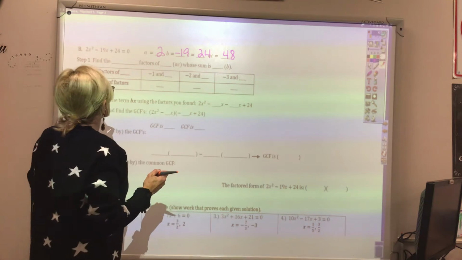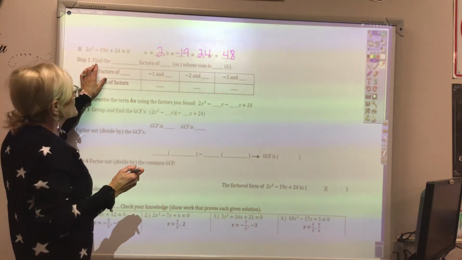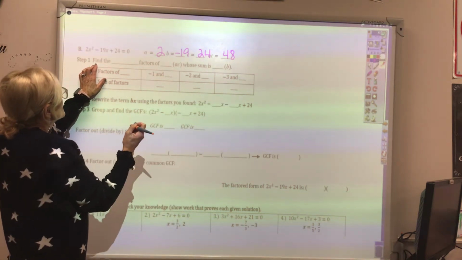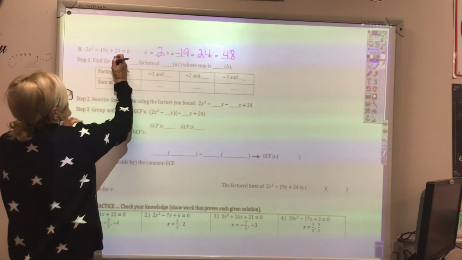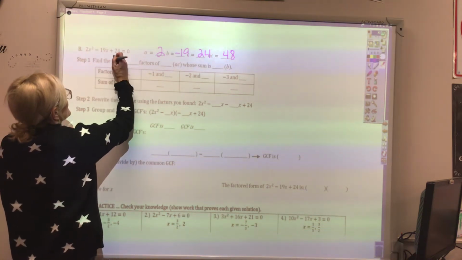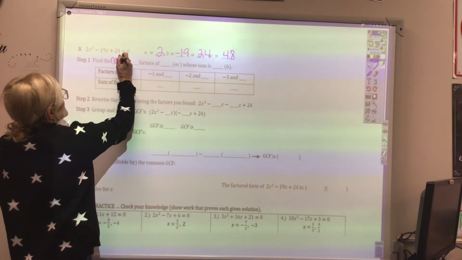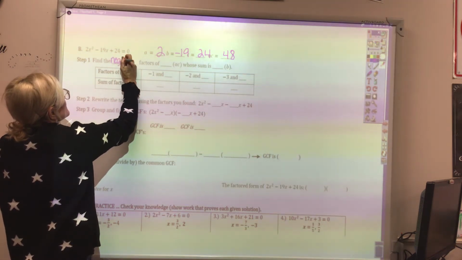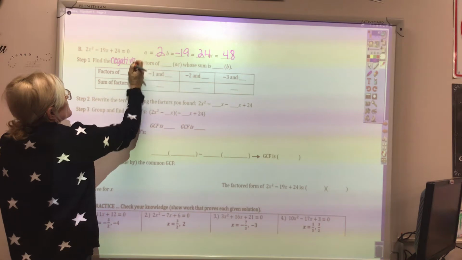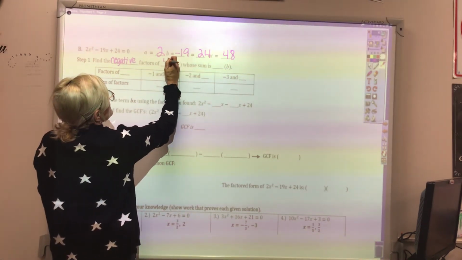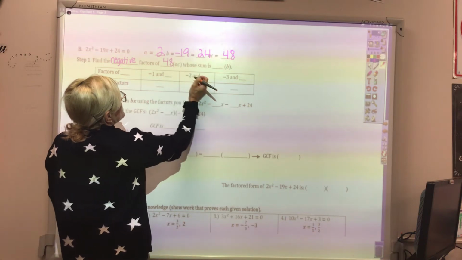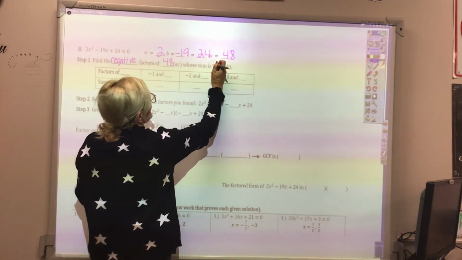And what we want to do, as our first step, is find the negative factors of 48 whose sum is negative 19.